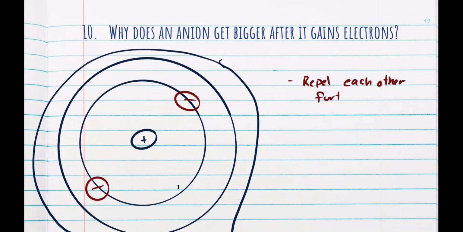Further, we add more shells, and in return, this causes our atomic radius to be bigger.